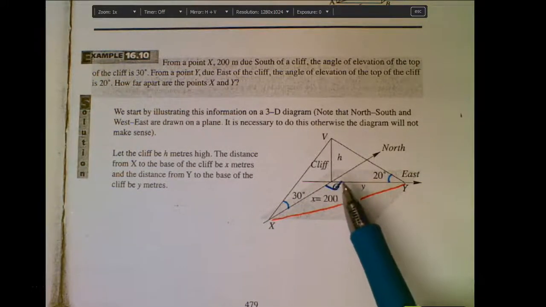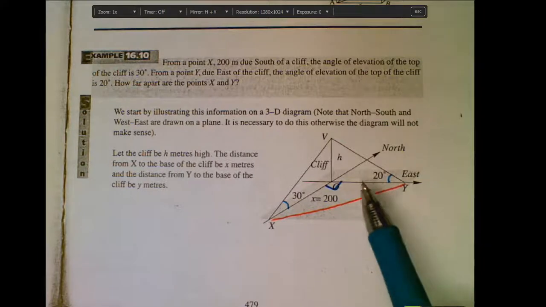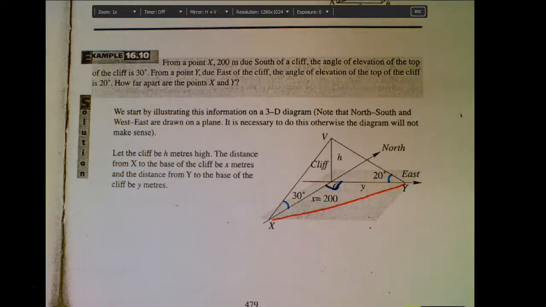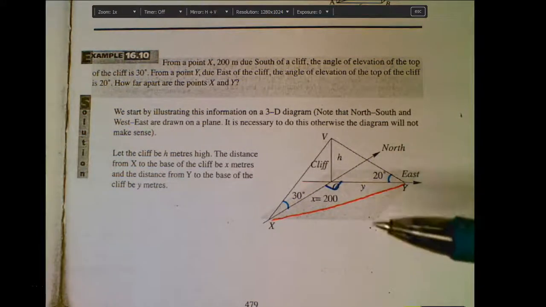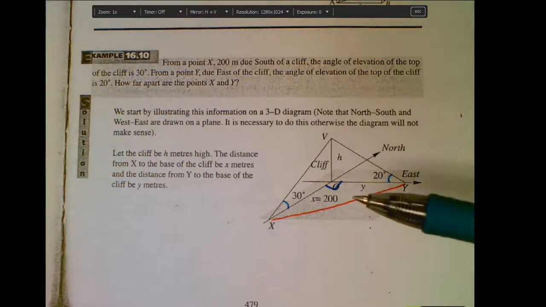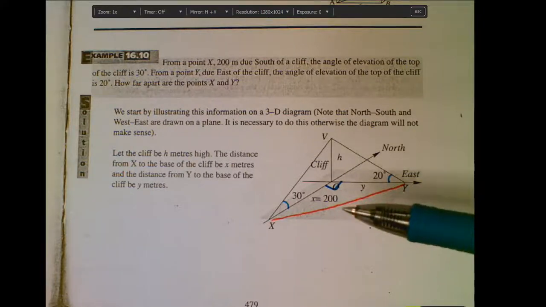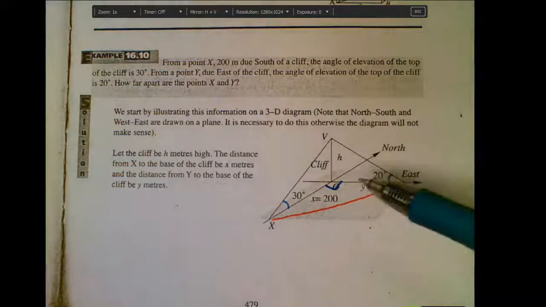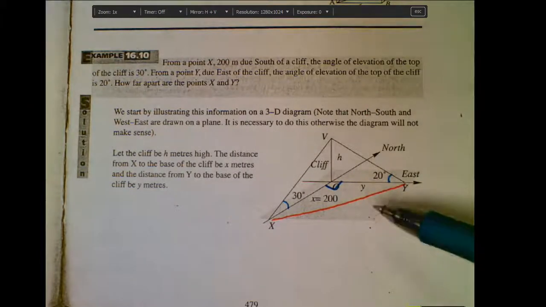If I can come up with the other segment right here, then I could use Pythagorean theorem to get this red line. So again, it's just about identifying a right triangle and then coming up with enough knowledge about the right triangle to use it in order to find what you want to find. So in this case, let's just start going through and finding whatever we can. We may not see the answer right away, but let's just start finding whatever we can find.